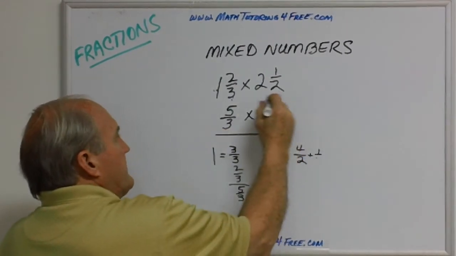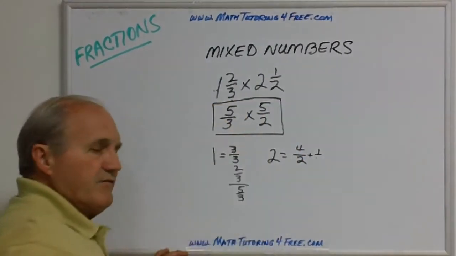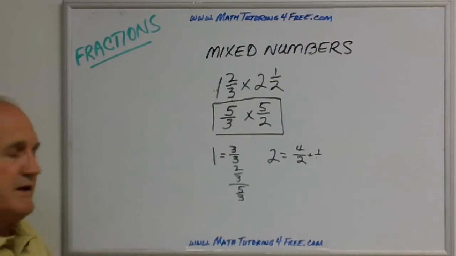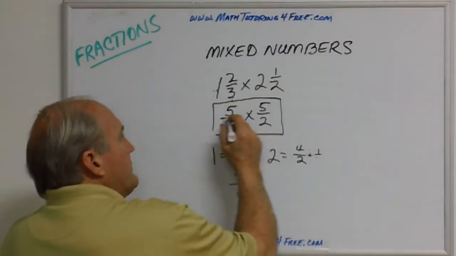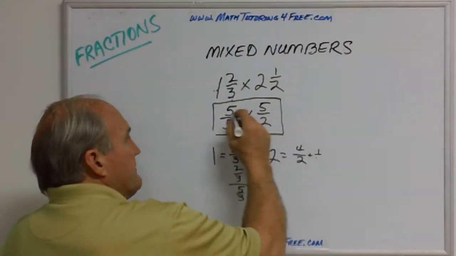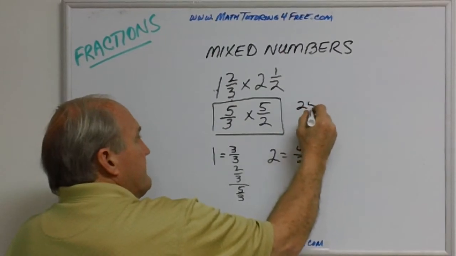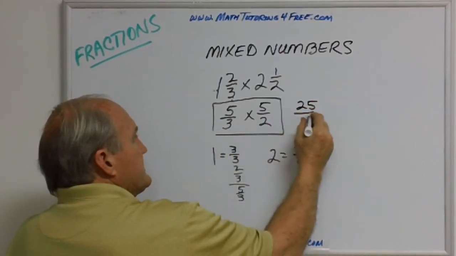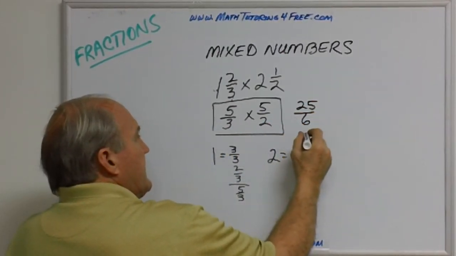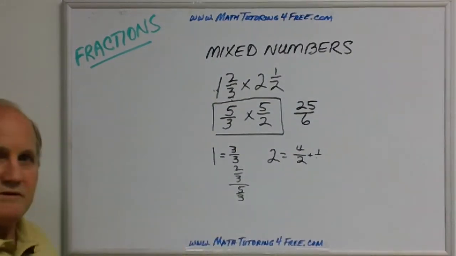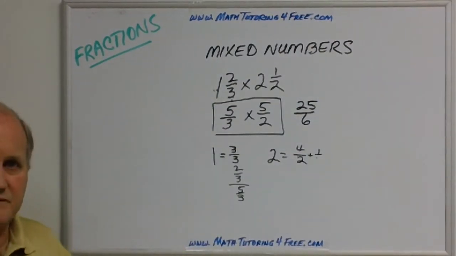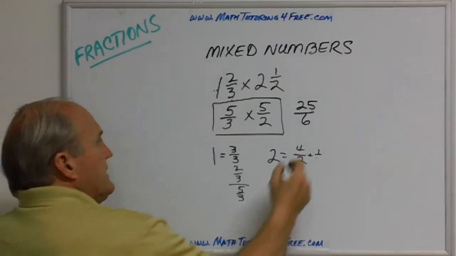Now, even though they're improper fractions, they are fractions and we can multiply. When we multiply straight across, don't we? 5 times 5 is 25. 3 times 2 is 6. Now we've got an improper fraction. What do we do with it? We reduce it. How do we reduce it?